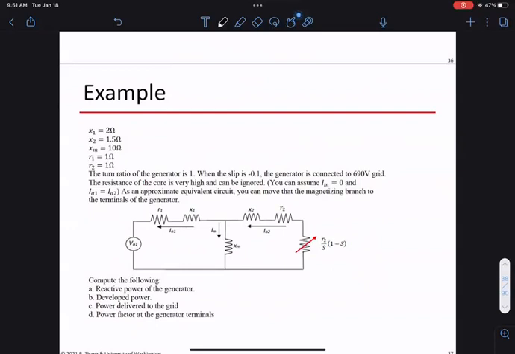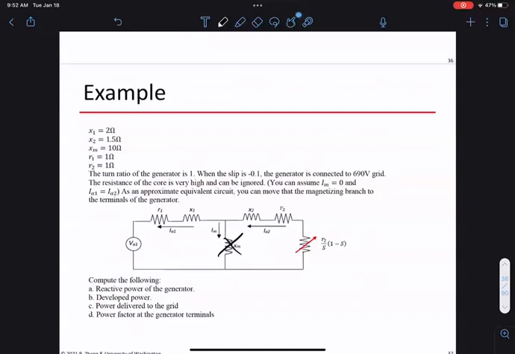You're connected to a 690 volt grid. The resistance of the core is very high. So what this means is you can just ignore the fact that you have this shunt inductor there. This shunt inductor makes the calculation complicated and doesn't change the numbers all that much.